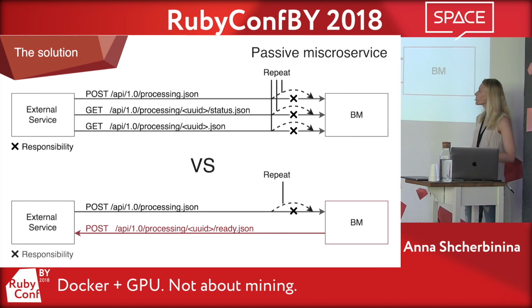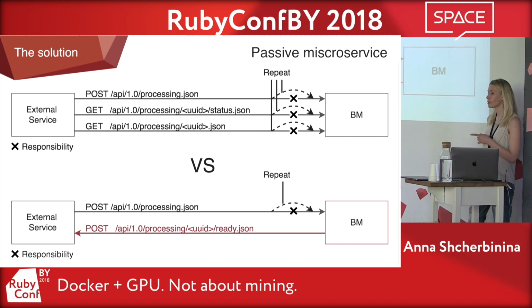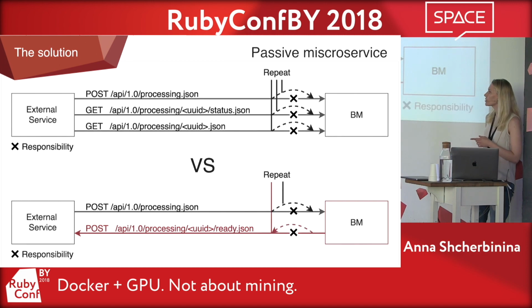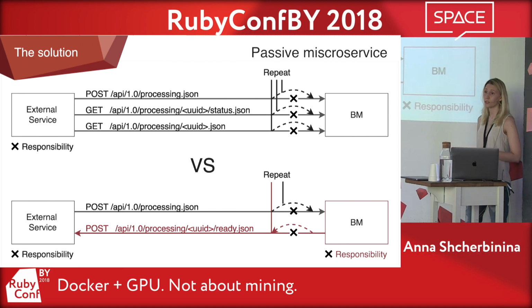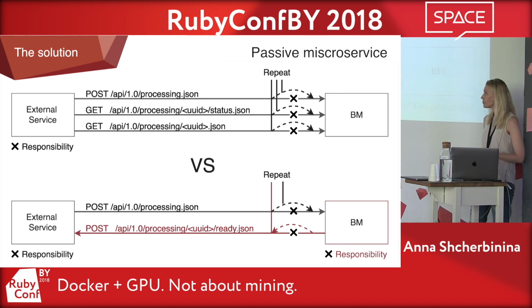If the request for the processing fails, it means responsibility already lies on the external service. But if body measurement didn't succeed in posting the results, it means that it also has responsibility once it receives the data to be processed. So in this case, we double development, double support, and we increase the complexity of our solution.